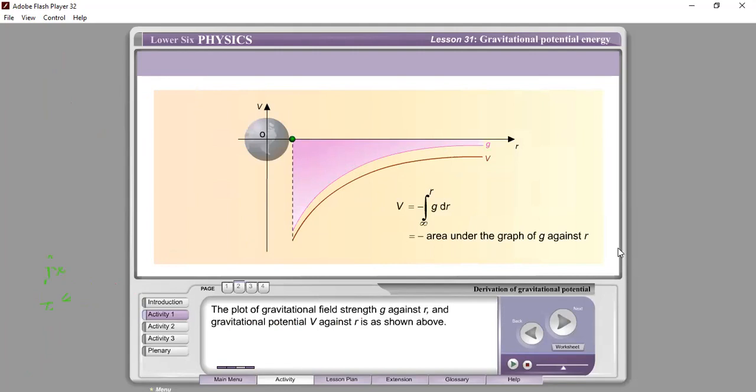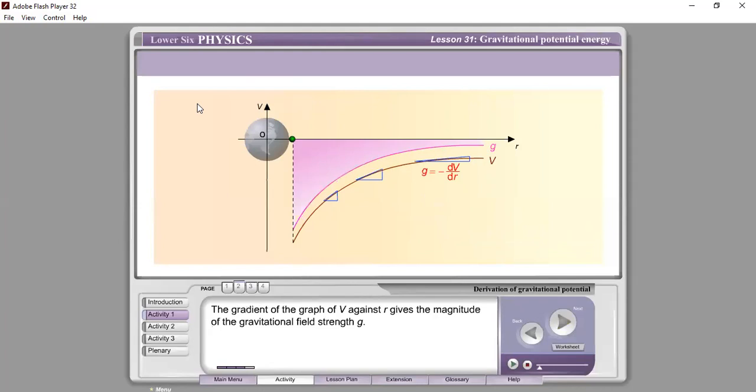V equals negative integration of G dr over the limits infinity to R, which equals negative area under the graph of G against R. So if we wish to find V, the area under the graph of G against R will be the gravitational potential.